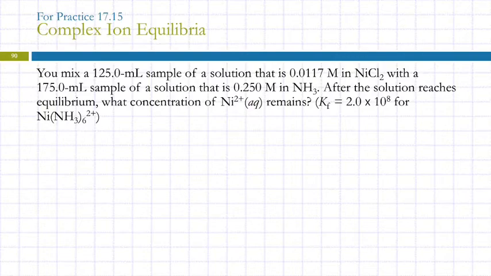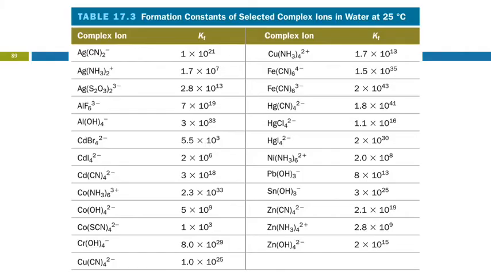I would not expect you to know what complex ion nickel forms with ammonia. How do we know it's 6? Well, if you go look it up in the table, hopefully it's in here. Yeah, there it is. The only complex ion here between nickel and ammonia is Ni(NH3)6. So that's how you would know. You would just find that in the table.